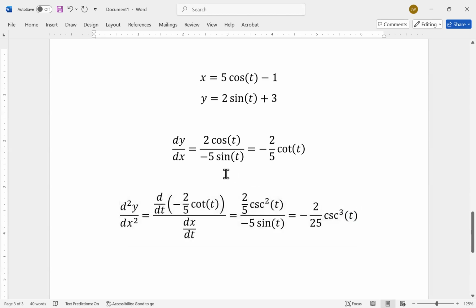By the way, you can see that in this ellipse, there are ways to get the numerator to be 0. There are ways to get the denominator to be 0.